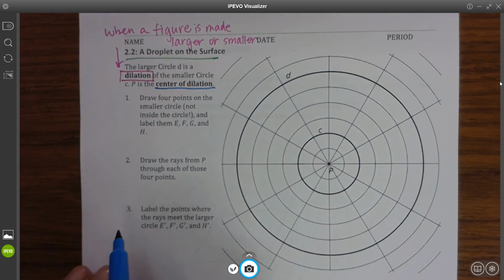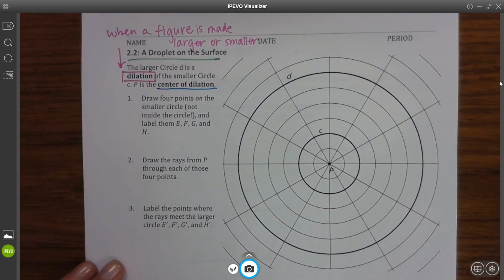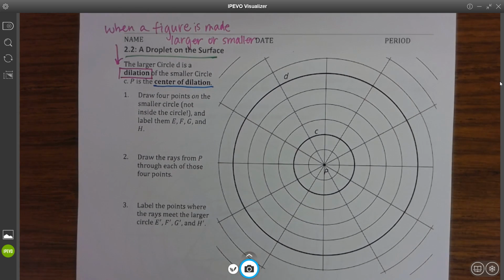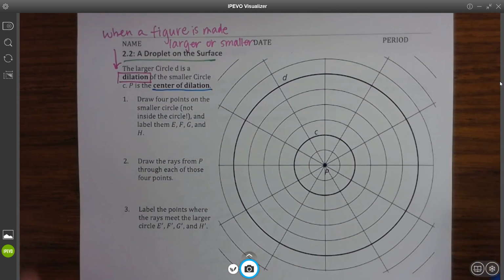The center of dilation is very similar to the center of rotation. With a rotation, it's what you use to rotate around. The center of dilation is what we use to figure out how to make it larger and how to make it smaller. Okay, so P is our center of dilation.